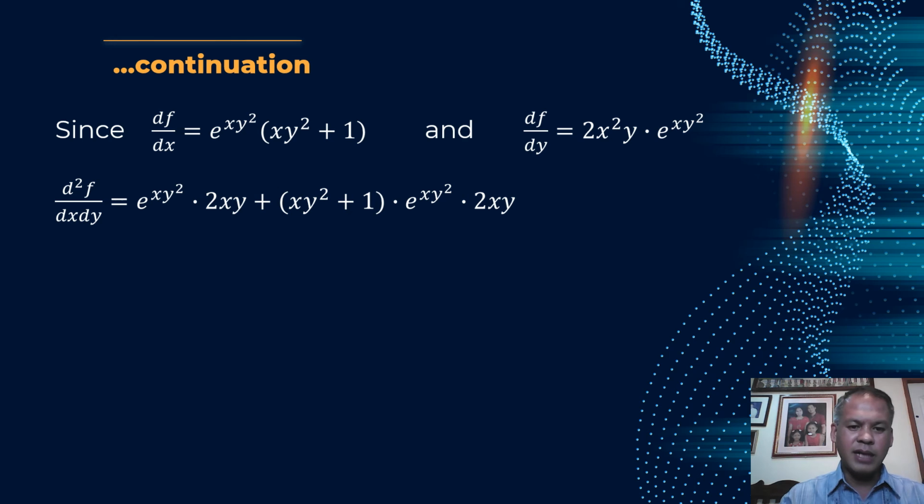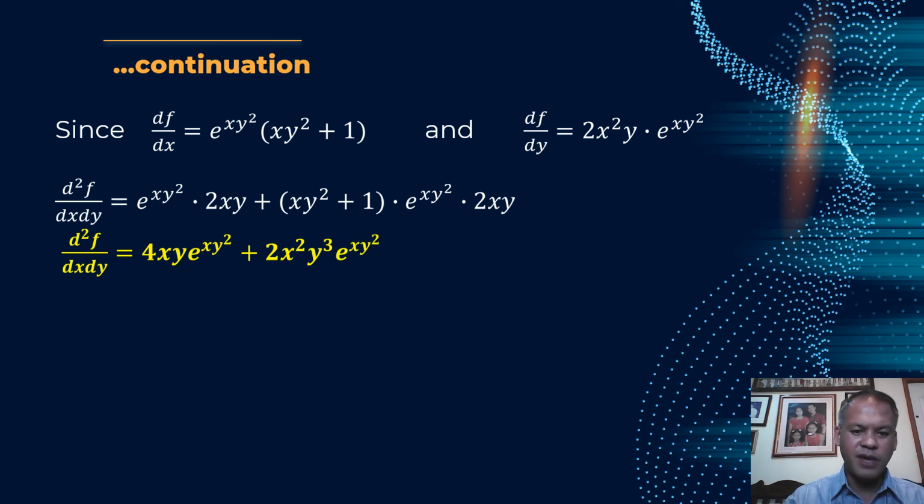So this is now the second order or the second partial differentiation of the function with respect to x first, then followed by y. Now, for the second differentiation of the function with respect to y first, then followed by x, we come up with 2x squared y times e raised to xy squared times y squared plus e raised to xy squared times 4xy.